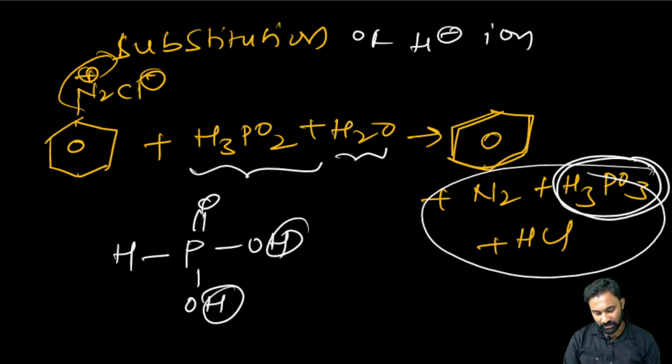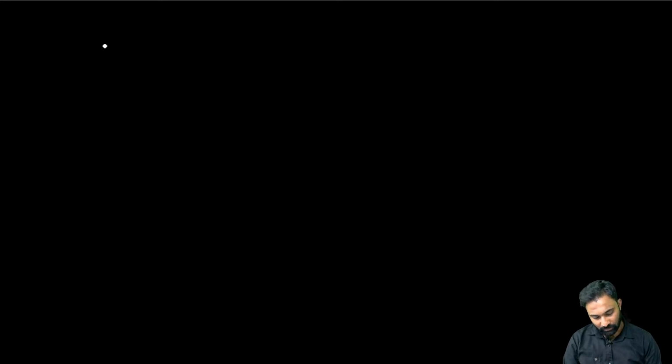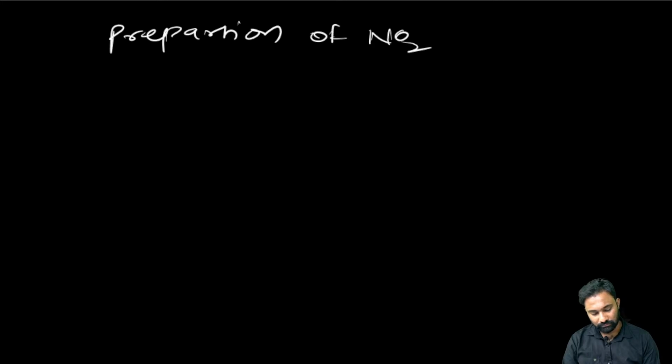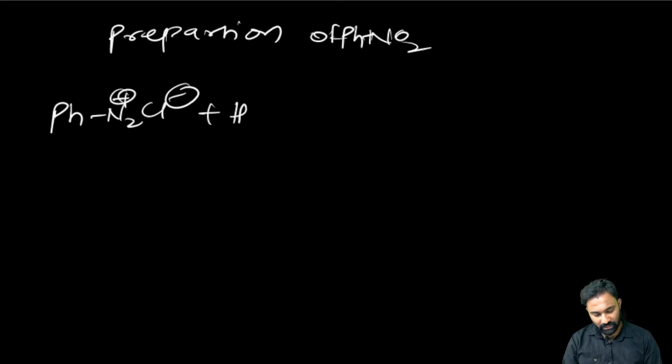Preparation of nitrobenzene. How to prepare nitrobenzene? We know this is benzene diazonium chloride. Again we have to react it with HBF4.